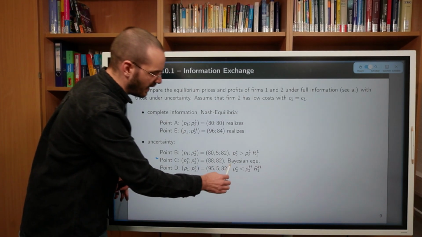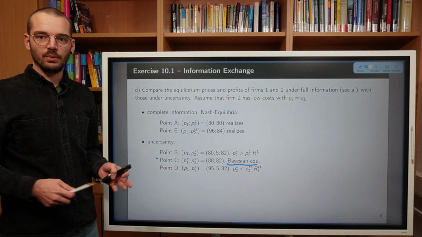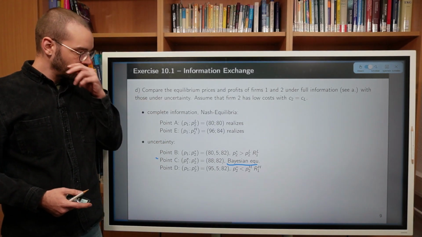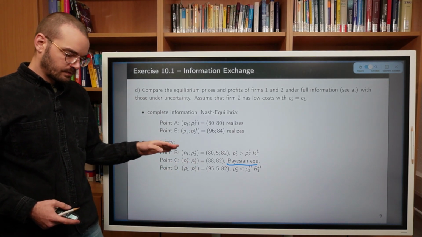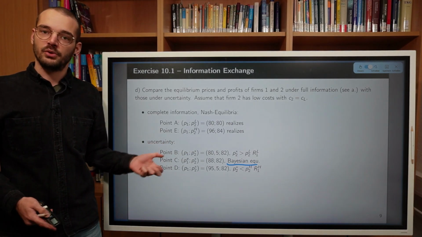So this never actually realizes this equilibrium, this never materializes, but for this given probability, this is the equilibrium based on the expectations of firm 2.